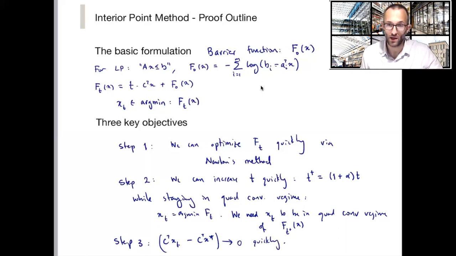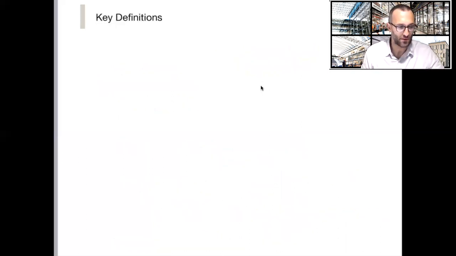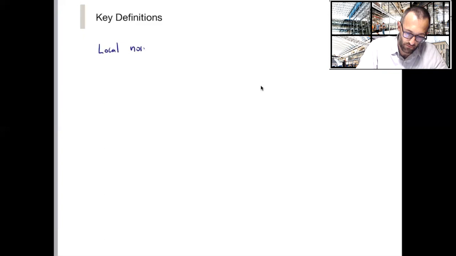Let's remember now the key definitions that we have and that we're going to use. The most important that we're going to see and make great use of is this local norm. And recall, this is what we needed in order to replace the Euclidean norm with an affine invariant norm.